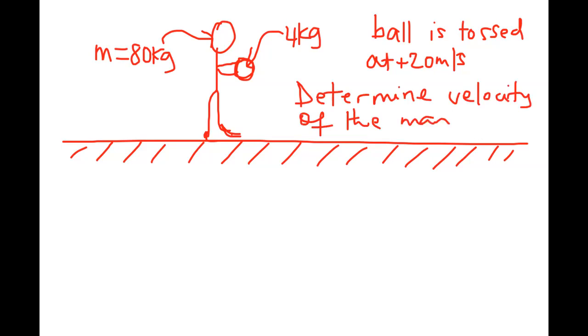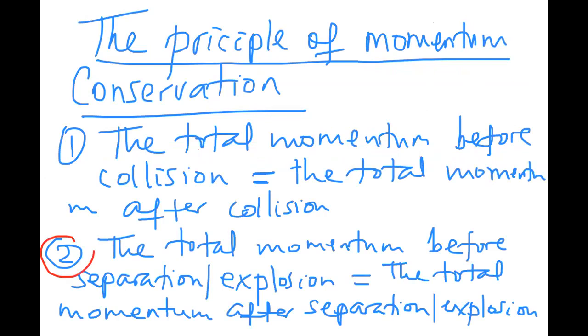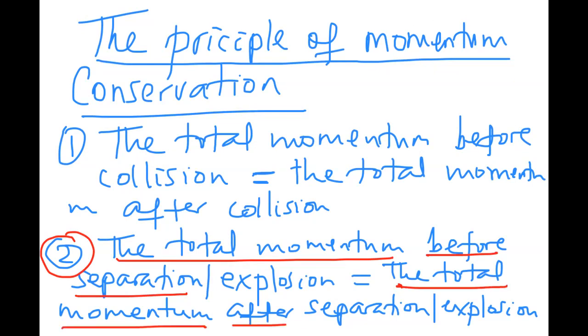Okay, so here we see that we have a conservation of momentum problem where we can do the same thing. This is like the second idea. We said the total momentum before separation must be equal to the total momentum after separation.